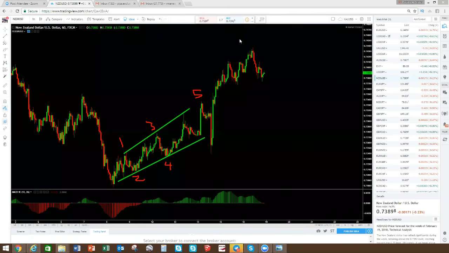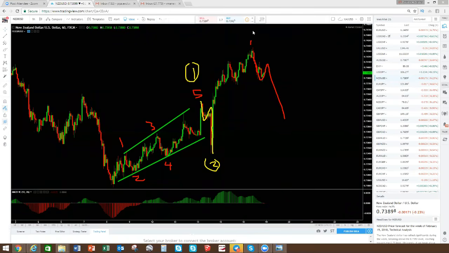And then from there, you get a 3-wave correction. 1, 2, 3. Okay. And then that will now become your higher degree 1, 2, and then we're starting a move to the upside, which is going to be a 1.